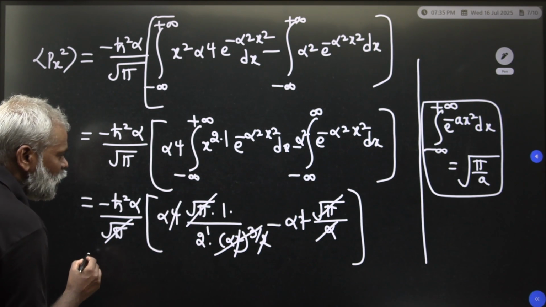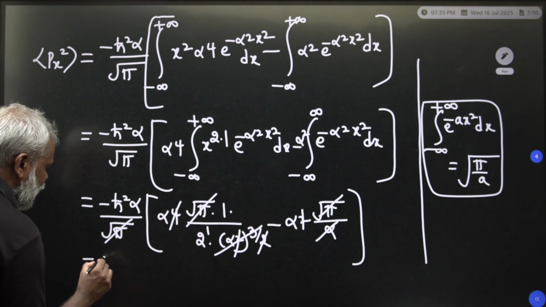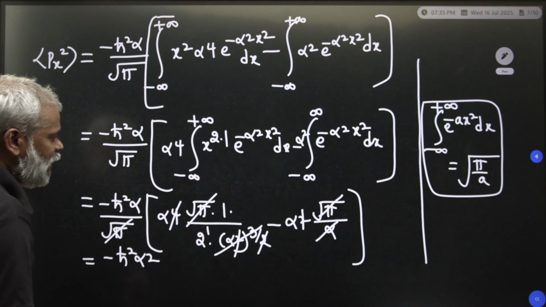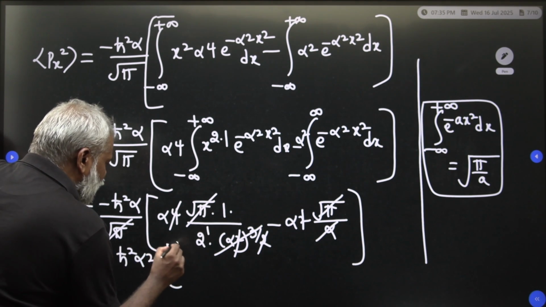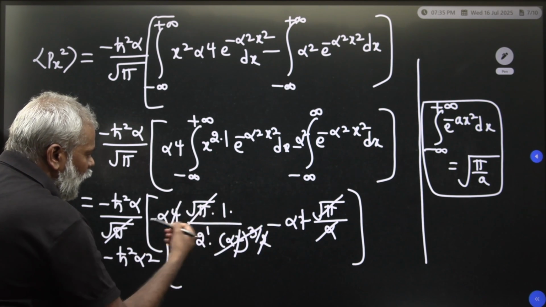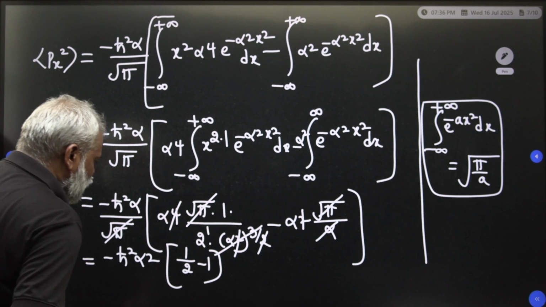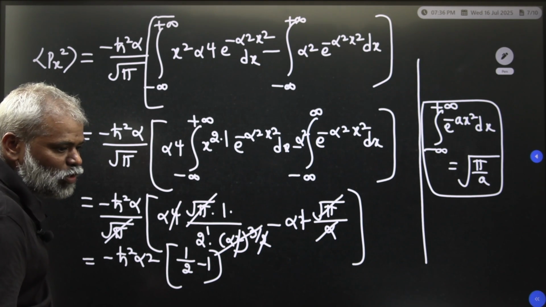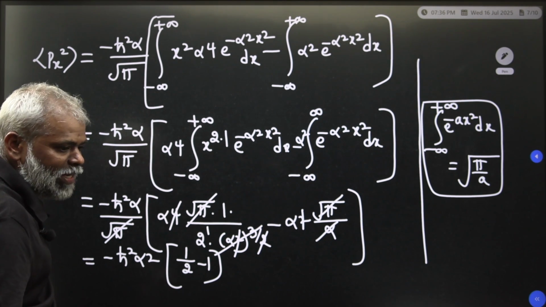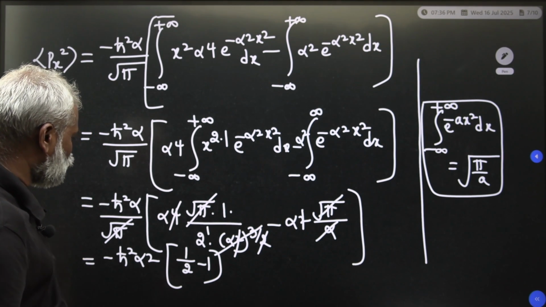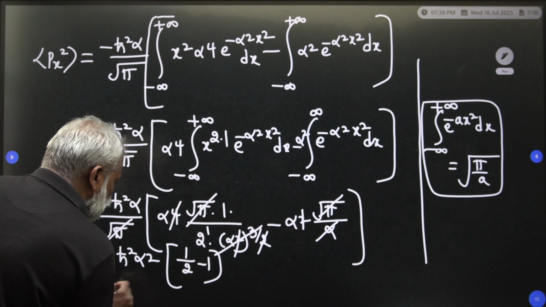Here alpha is there. So, what we write is minus h cut square alpha square into, taking this alpha, 1 by 2 minus 1. How much do we get? 1 by 2 minus 1. So, minus into minus gives plus.